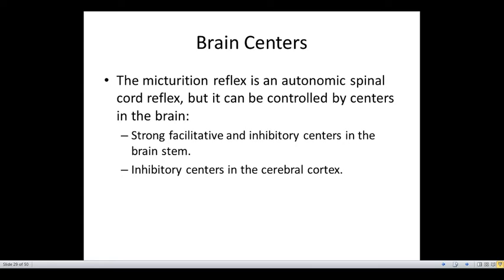These centers include strong facilitative and inhibitory centers in the brainstem and inhibitory centers in the cerebral cortex. As I said earlier, although the micturition reflex is the basic cause of micturition, the higher centers normally exert final control of micturition as follows.